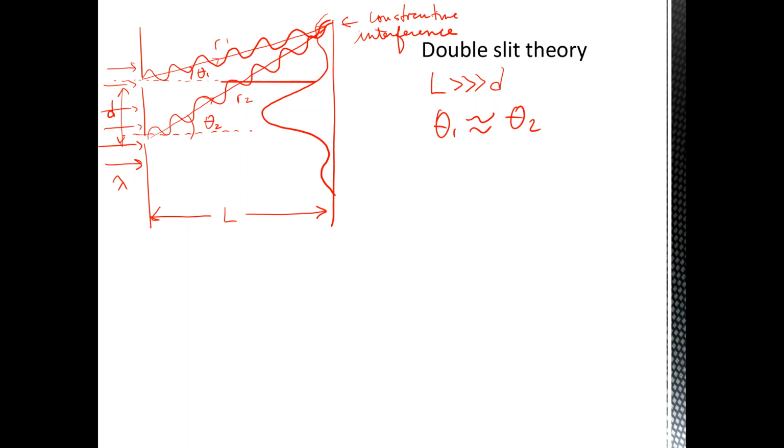Now, let's draw a line from one slit that intersects the other ray perpendicularly. So here I have a right angle. Everything beyond that intersection, starting from here all the way to there, and starting from here all the way to there, is exactly the same distance, right?